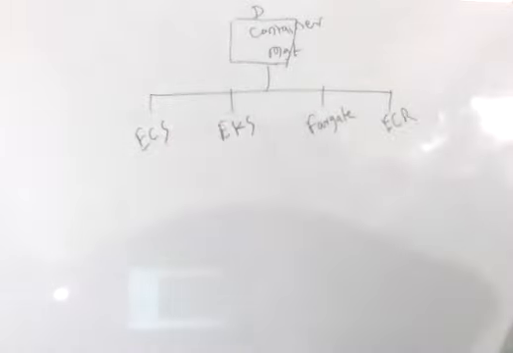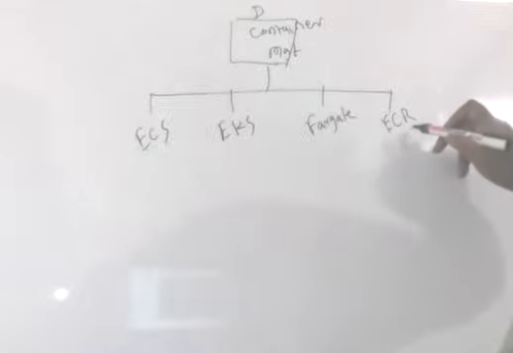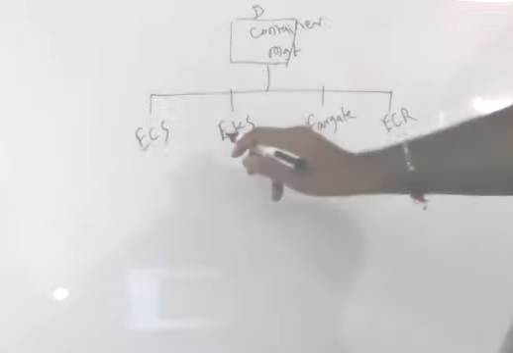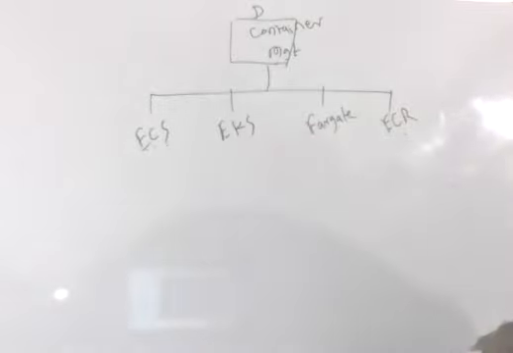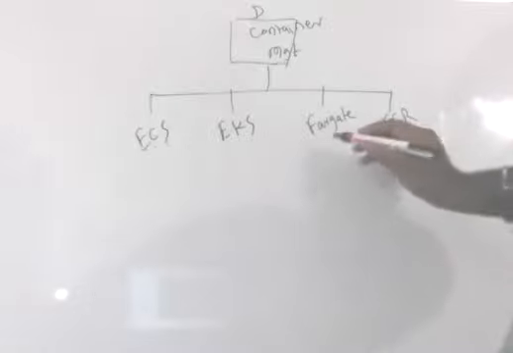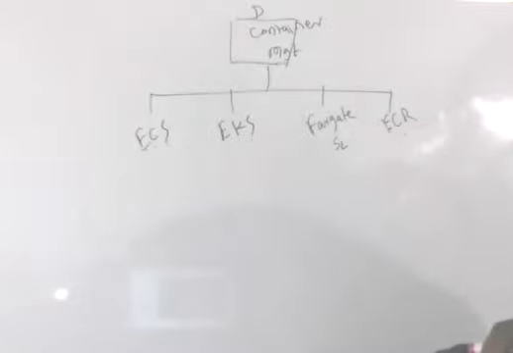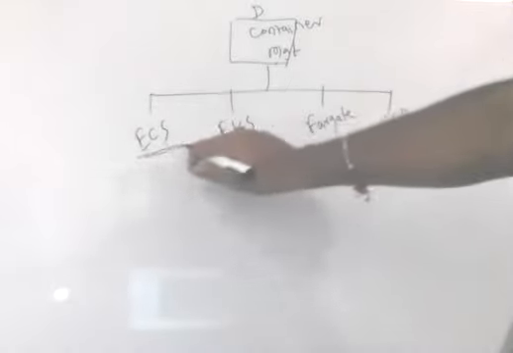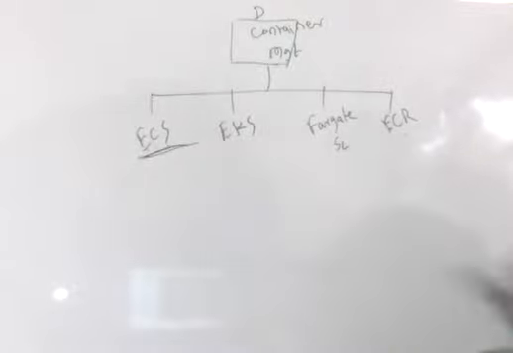Elastic Container Service, Elastic Container Registry, Elastic Kubernetes Service, and Fargate, which is a serverless service. Now we will look at ECS first and then Fargate.